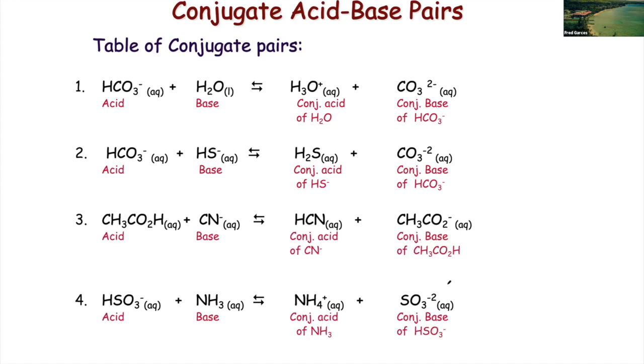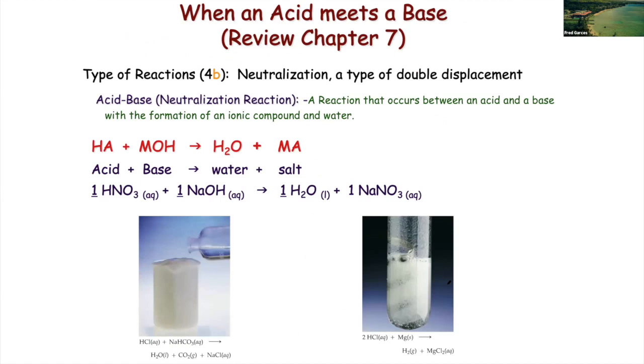So make sure you review Chapter 7. Chapter 7, remember, is balancing chemical equations. We do a lot of acid-base chemistry reactions, and so you should remember not only how to balance it, but also know the name and the formula for some of these acids, like nitric acid or hydrofluoric acid or acetic acid.